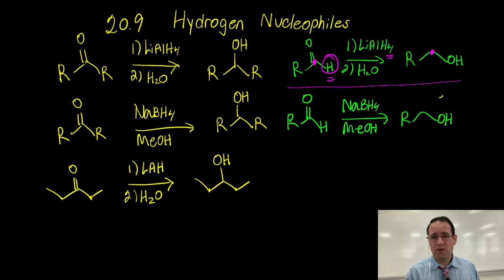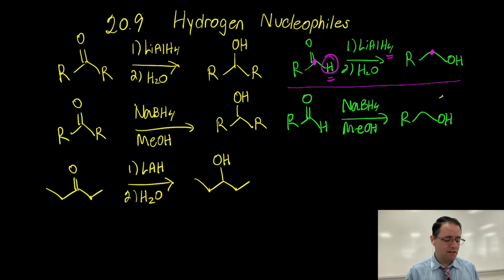We've seen before how LAH or lithium aluminum hydride will react with epoxides. So if you want a milder reducing agent that will selectively and only react with your ketones or aldehydes, use sodium borohydride. If you want to bomb the heck out of all of your carbonyls in your molecule, esters, including aldehydes and so on and so forth, then use lithium aluminum hydride. That will do the job, okay?